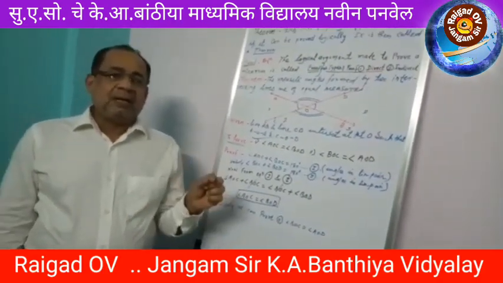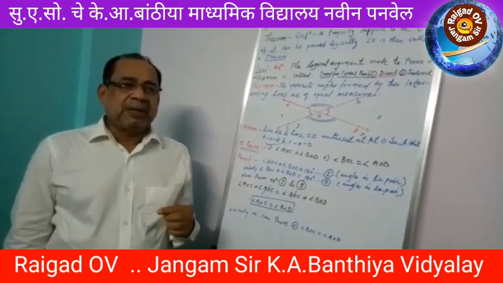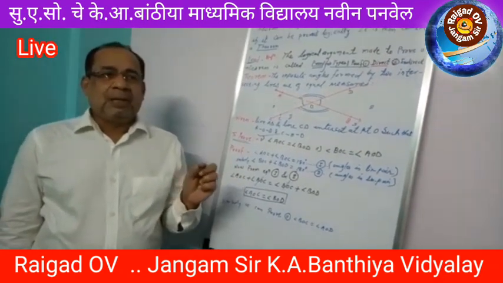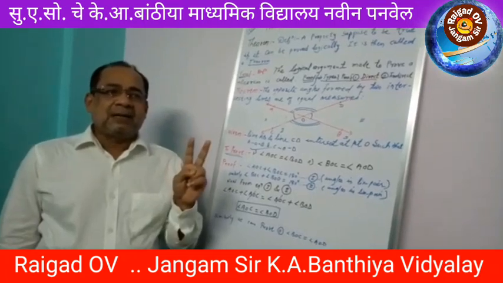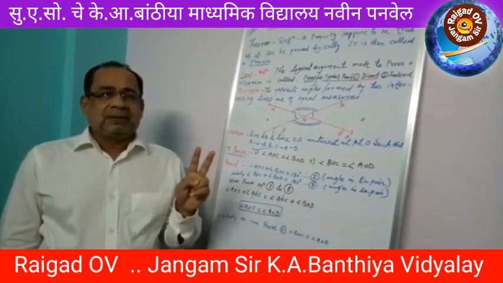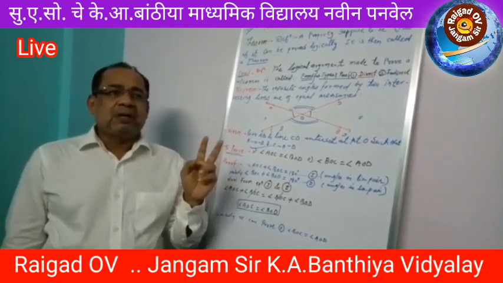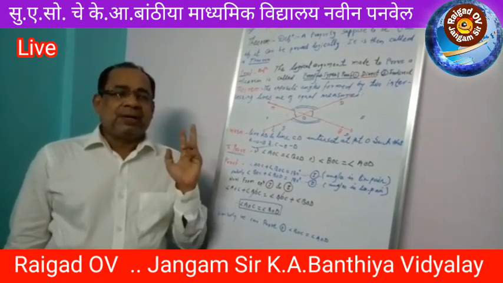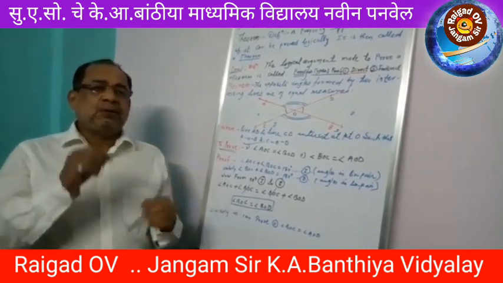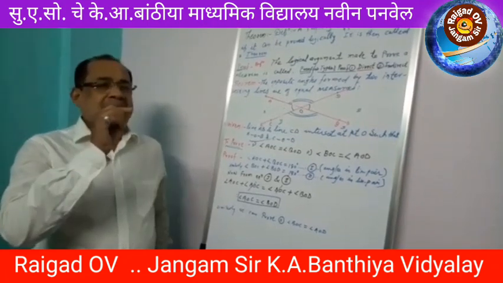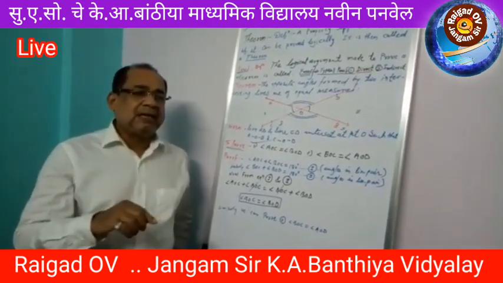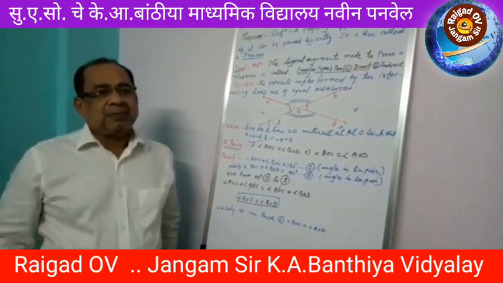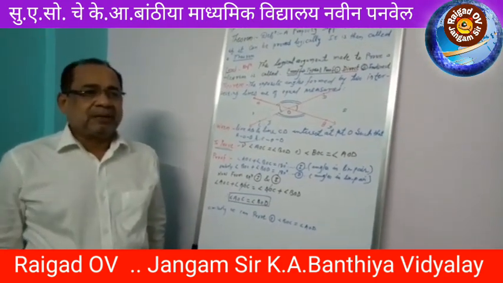You convert it into the converse statement. How do you convert? Listen here. If two angles of a triangle are congruent, then sides opposite to them are congruent. It means that you only interchange antecedent and consequent. When you interchange, the conditional statement becomes the converse statement.